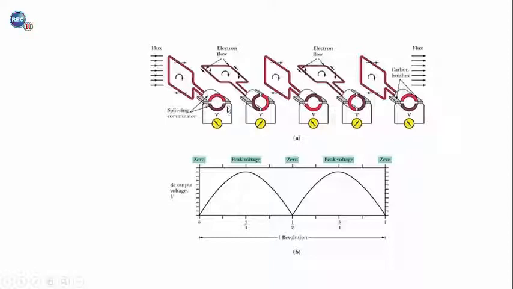And so as this rotates, sometimes this brush is in contact with the red part of the commutator, and sometimes this brush is in contact with the purple part of the commutator. But each brush is always in contact with one part or the other, and they're never both in contact with the same part of the commutator at the same time.